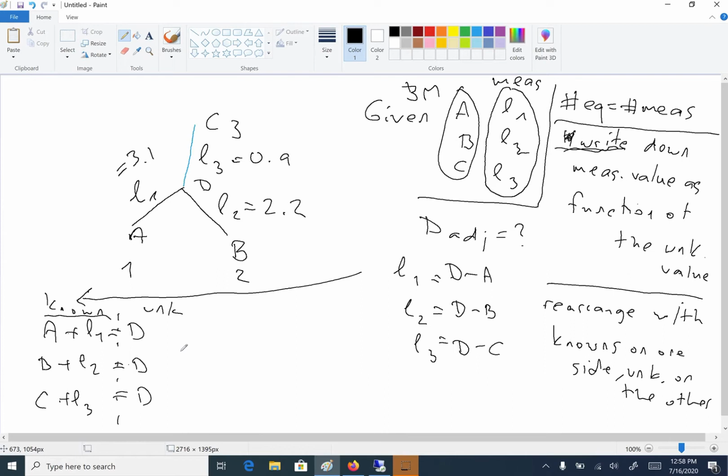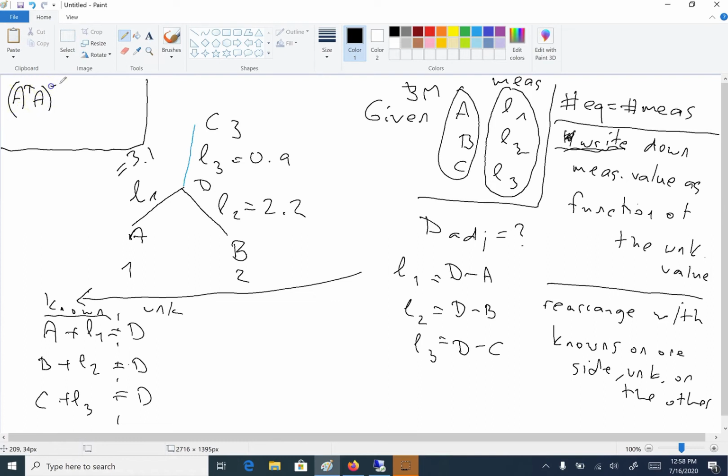And let's just write down the basic solution to the least squares. I guess I should have called this something else instead of A, because A is also our Jacobian matrix.